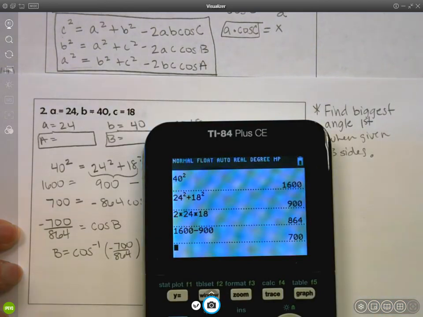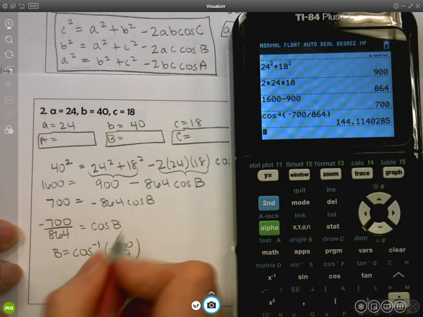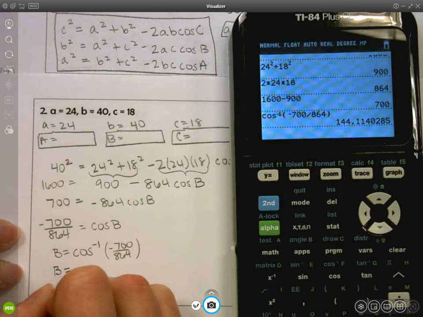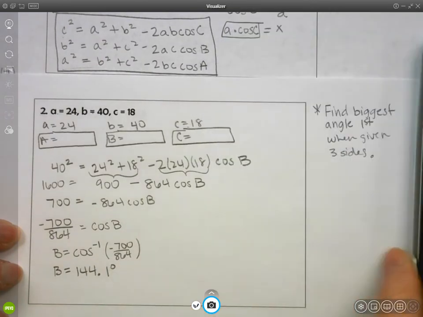And I never divide that out and I never simplify it because you're going to inverse cosine, so second cosine, and then you just type in that fraction and you don't have to know what it is simplified. And if you try to get a decimal, then you're rounding in the middle of a problem and you're probably going to end up with a slightly different answer anyway. All right, so we get 144.1.